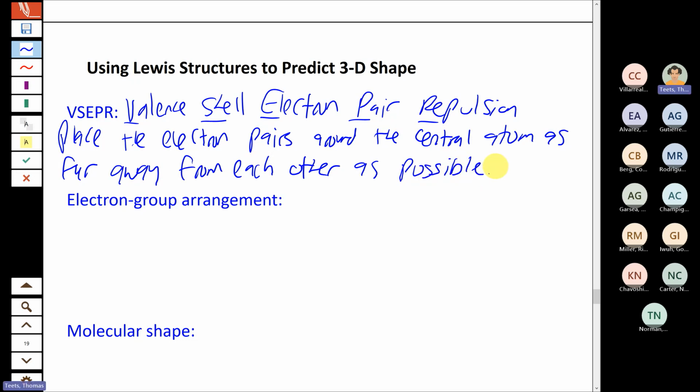All right, so that requires us to have a Lewis structure that indicates how many electron pairs there are around the central atom. And once we know how many there are, we just try to arrange them so they're as far away from each other as can be. And it's just a geometric argument, really.